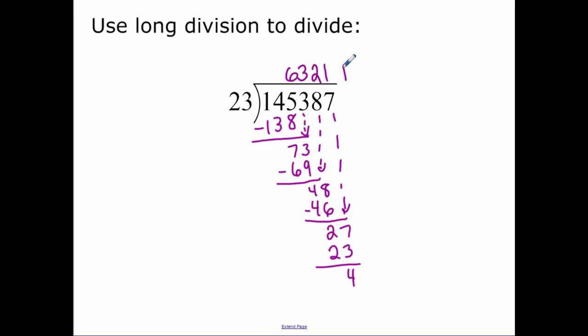So my remainder is 4. So how you would write that as a mixed number, your remainder, which is 4 over 23. So your remainder over what you divided into.